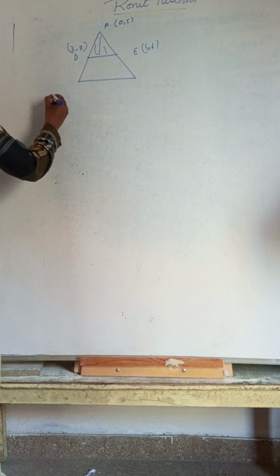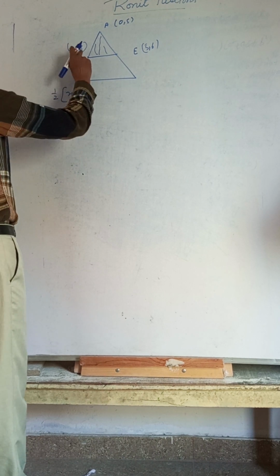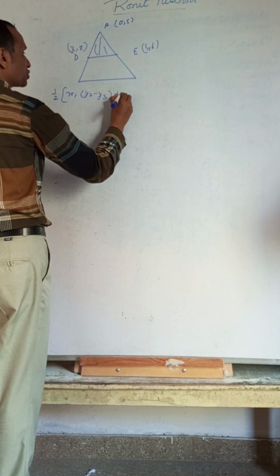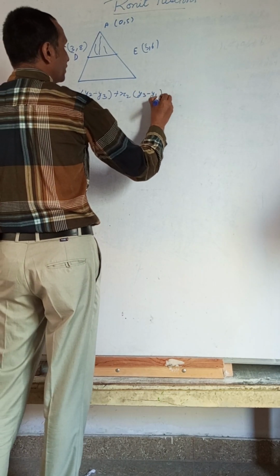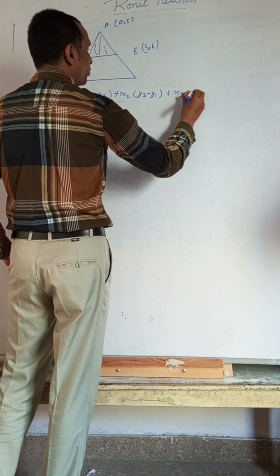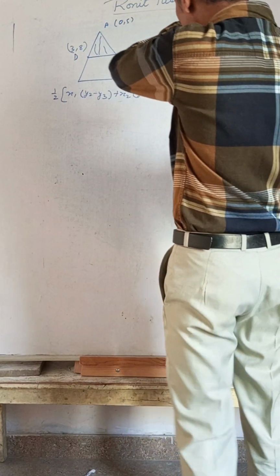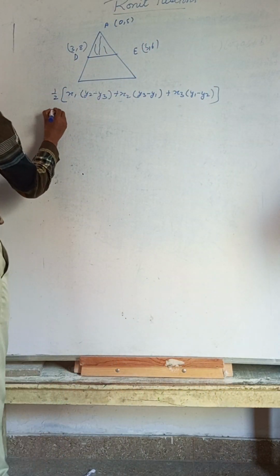Okay. So again writing the formula: 1 by 2 times x1 into y2 minus y3, then x2 into y3 minus y1, then x3 into y1 minus y2. This we have taken. Now we are writing down the values in that.